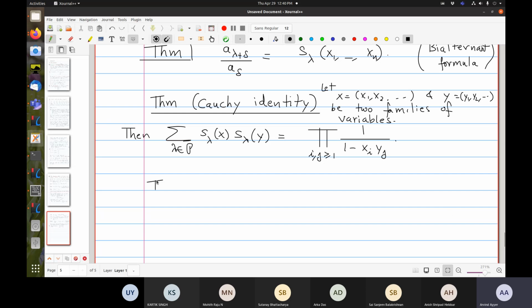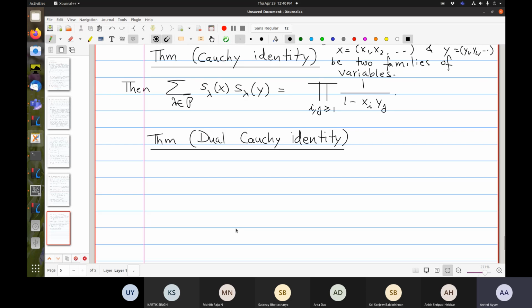And a similar identity is the dual, sometimes called the dual-Cauchy identity. Of course, there are many things to say, and I'm just giving you a very broad overview.